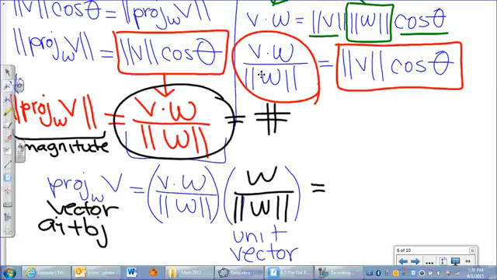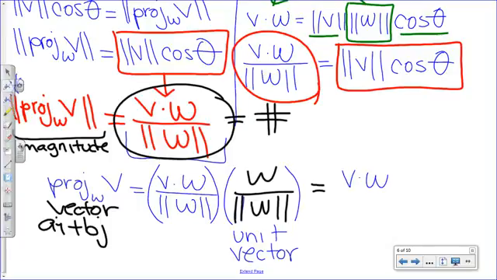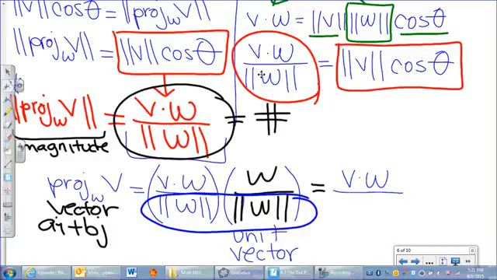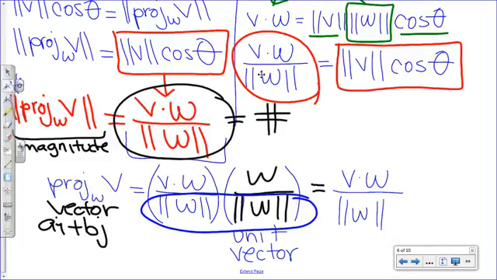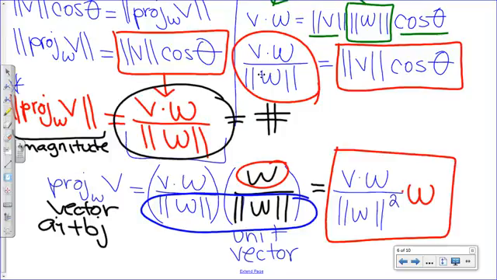So it will be the dot product of V dotted with W divided by, and what I'm going to do here is take these two magnitudes and multiply them, and then I will have that same magnitude but squared. And then you might be wondering, there's still a W there, and that W is going to be here. And I'll show you what we will do with that formula in a minute. So to find the vector, this will be the formula.